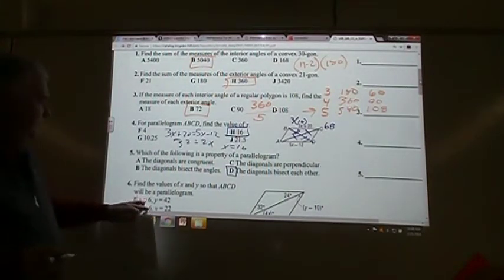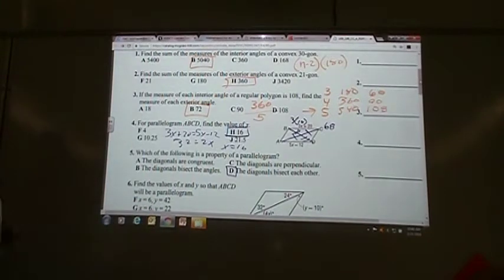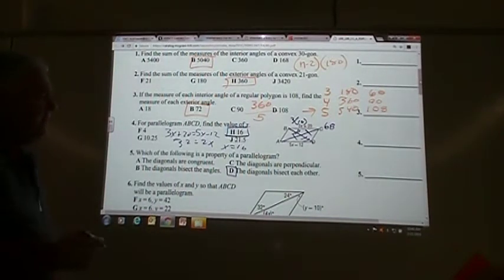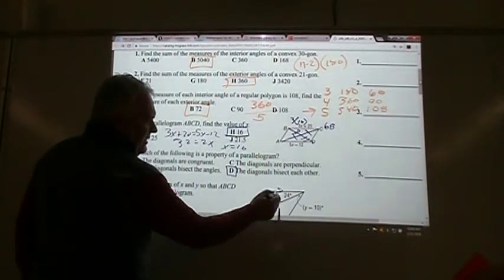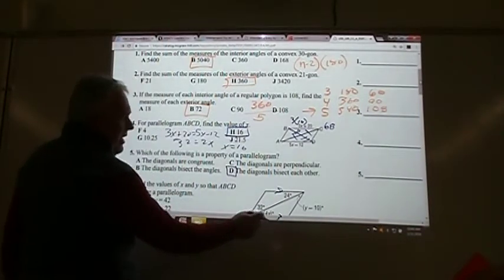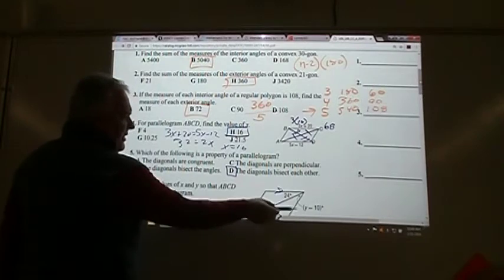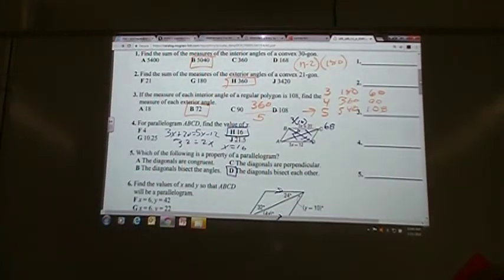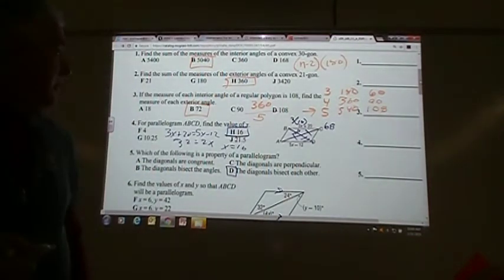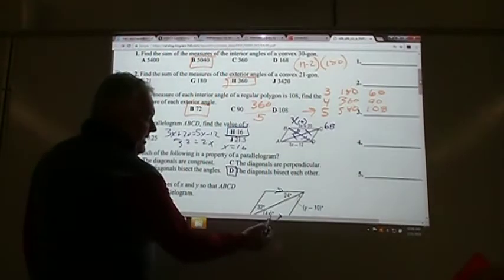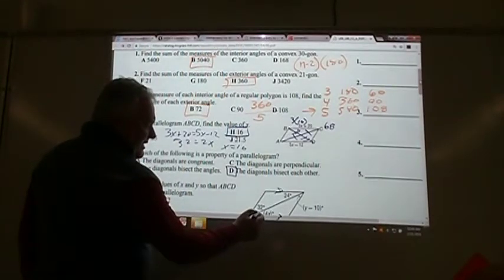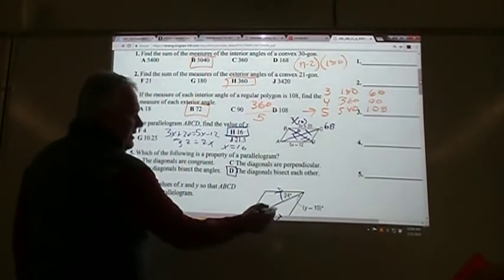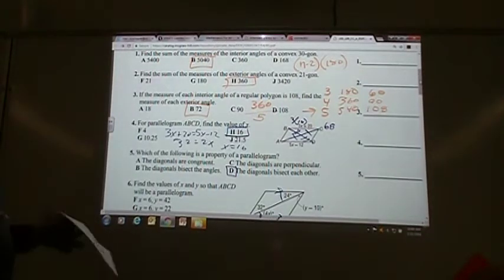Number 6. Find the values of x and y so ABCD will be a parallelogram. Okay, folks, it's a parallelogram is what we want. That means we have parallel situations here. What's our rule from the fall? Alternate interior angles. That means this angle, 4x, has to equal 24 because of our alternate interior angles rule.